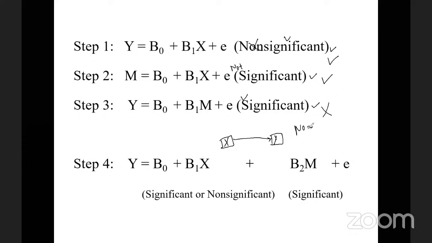It means the condition of mediation is that all three steps should be significant. But if either this or this or this is not significant, it means there is no mediation impact. There is no mediation. Okay.